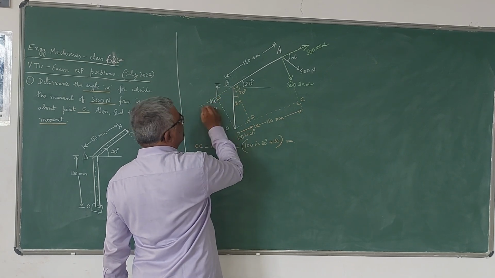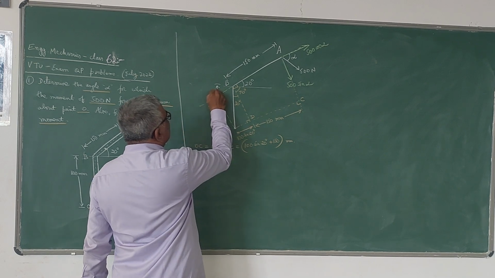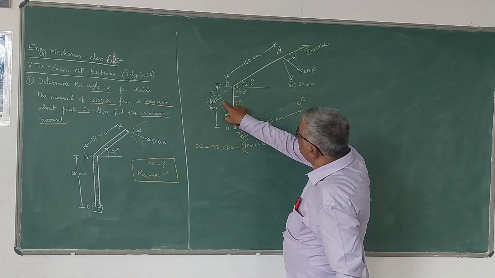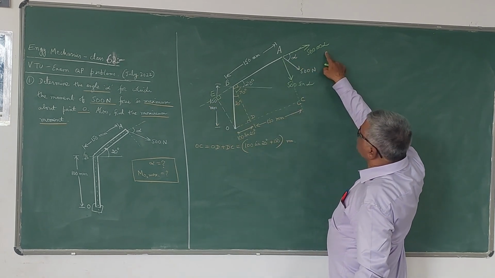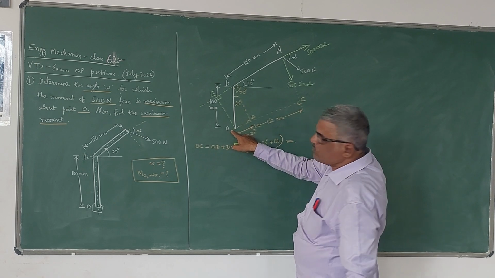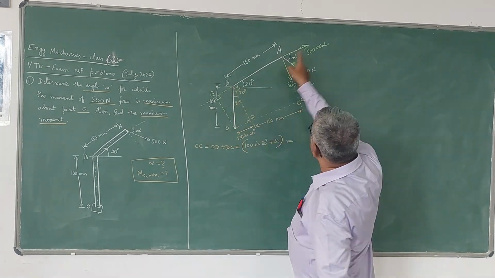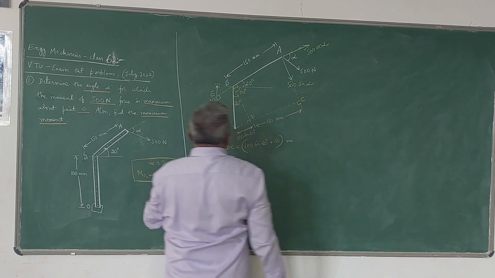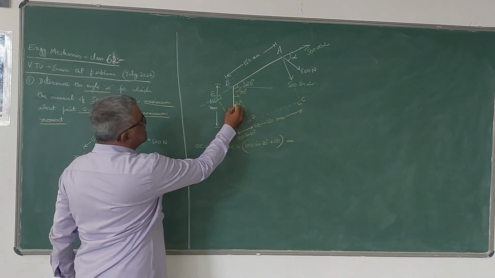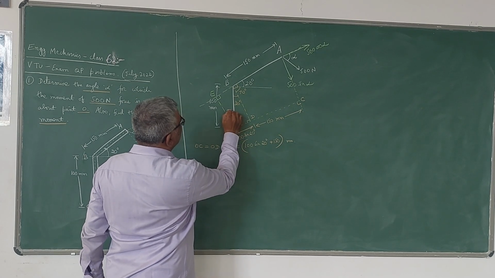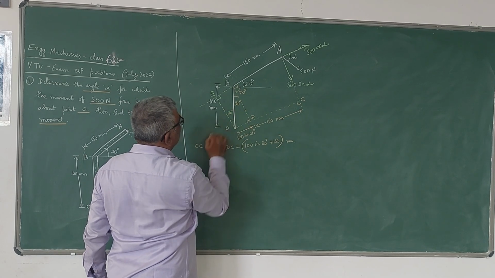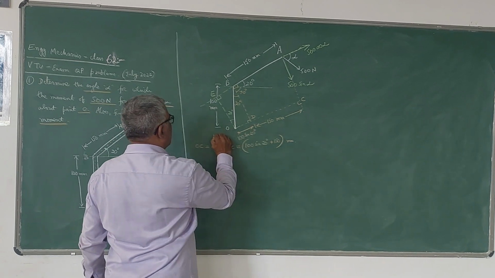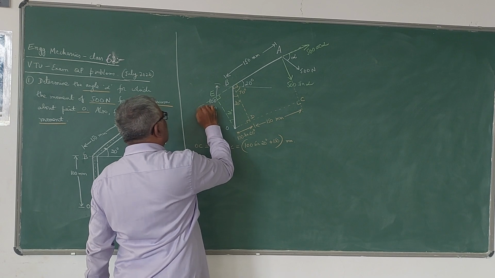Let me take this as E. I need to compute this OE because when this OE is multiplied by this 500 cos alpha force, that gives the moment about the point O. So the perpendicular distance for this 500 cos alpha force is OE from the point O. Now here also, since this is 20 degrees, this becomes 20 degrees.